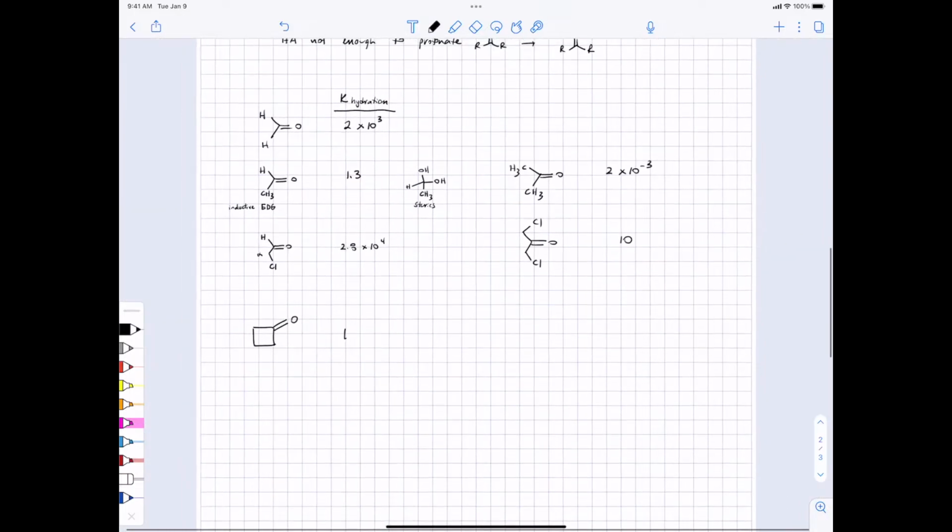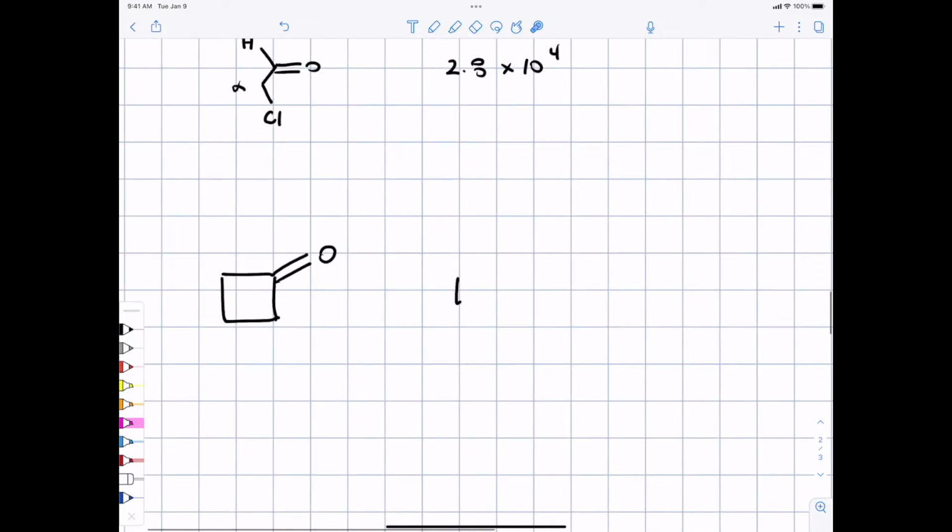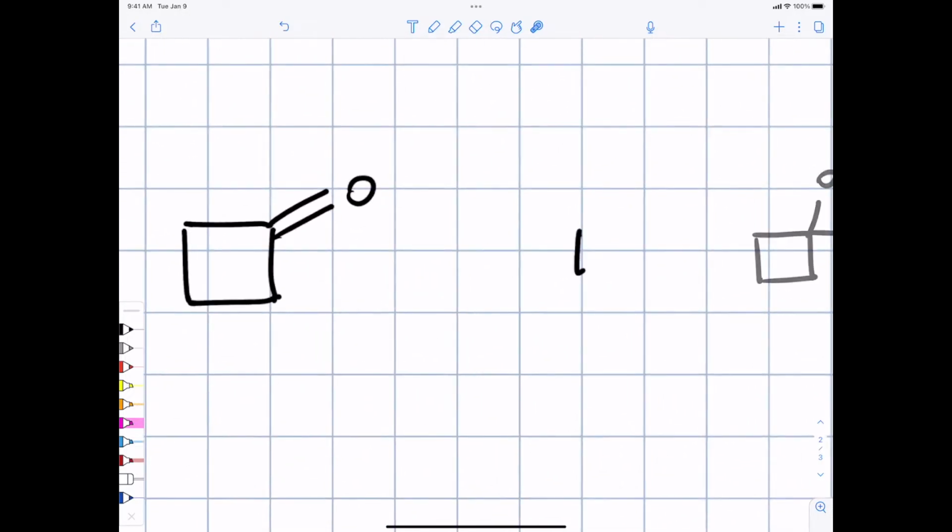Okay, so the comparison you want to make is with the ketone. It's 1,000 times more reactive than acetone. Presumably, again, compare the hydrated structure to the starting material structure. What do you think is the big difference there? Taking them out of the plane that the other 2 carbons are in.